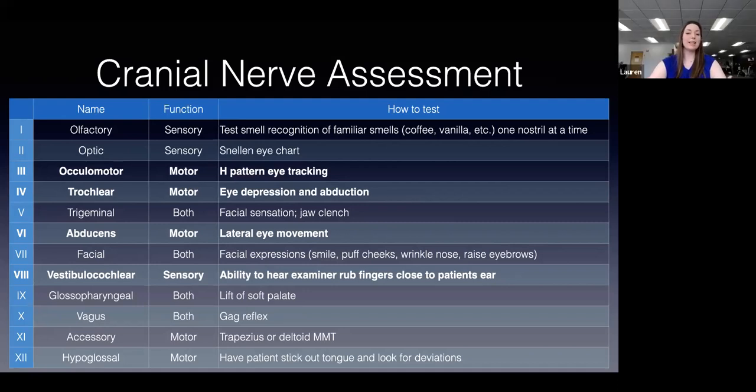So not that it may necessarily change what you're doing, but it can give you more insight as to why they have certain deficits. So if someone has an issue with, say, their abducens, their eye can't look towards their lateral side. That can influence their ability for their eyes to track all the way.